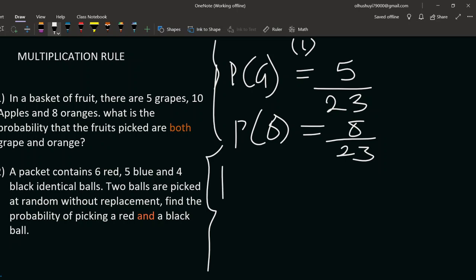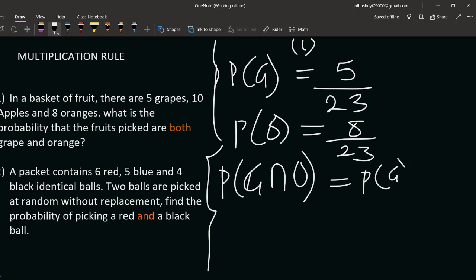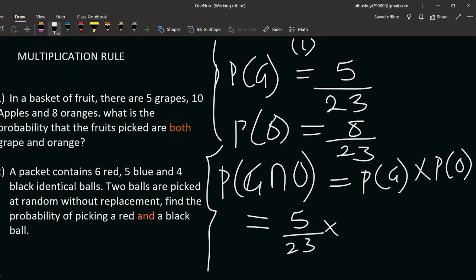So the probability of grape and orange will be the probability of the grape times the probability of picking an orange, that is 5 over 23 times 8 upon 23.